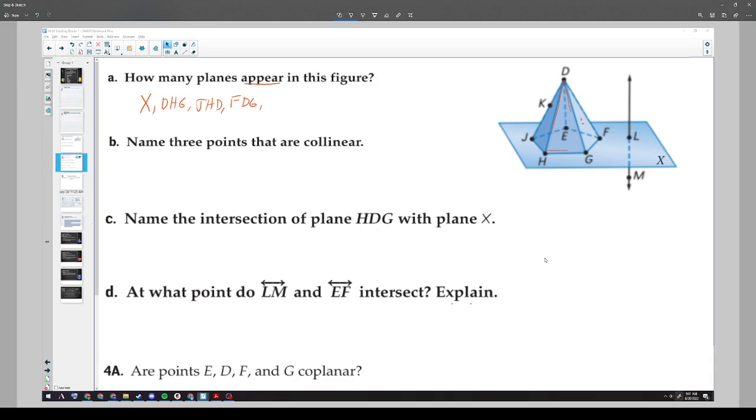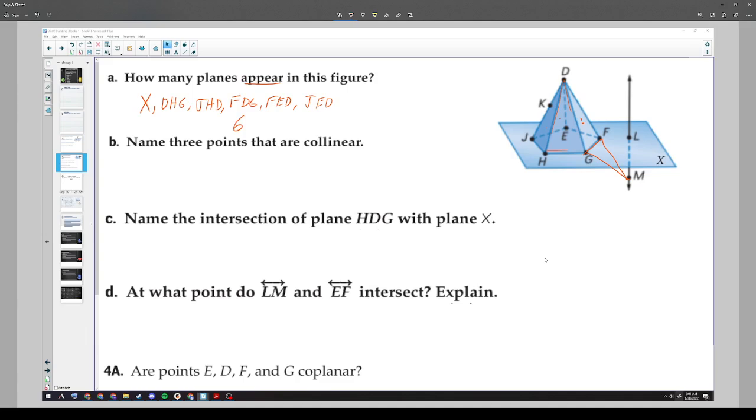We have the back right behind there, which is FED. And we have the back left, which would be JED. So in total, drawn here, we have 6 different planes, although we could even define more if we were using planes that aren't drawn. So for example, FGM, kind of slanting down below our plane, would be another plane that's not currently drawn. But we'll go with 6 for our answer.